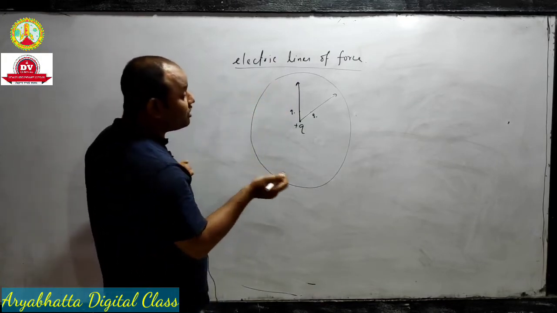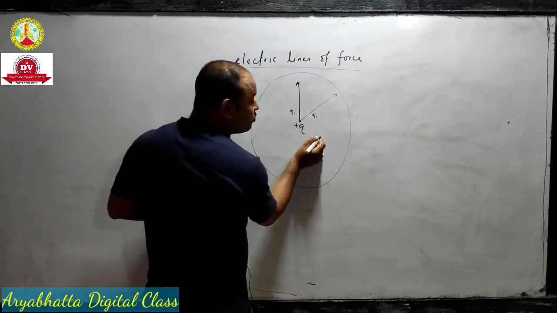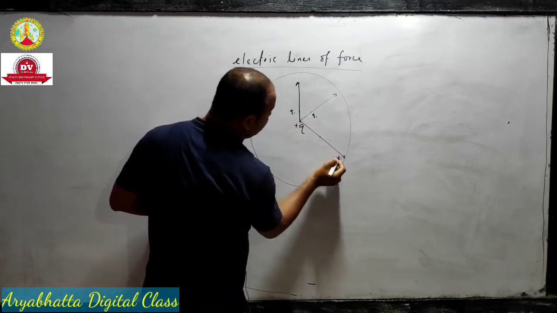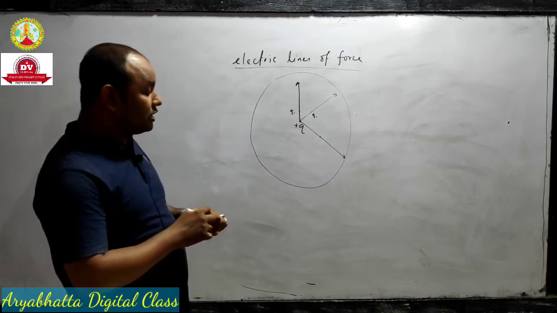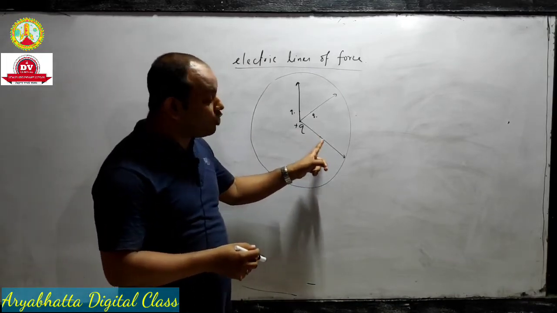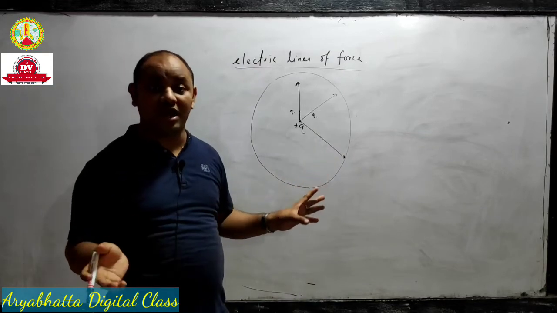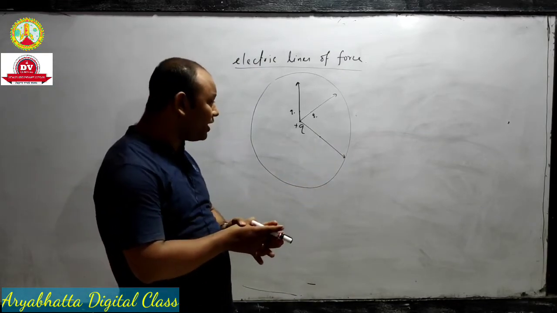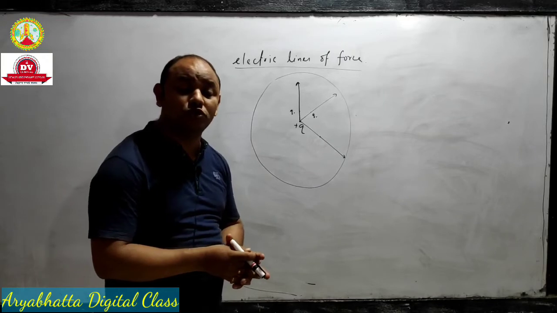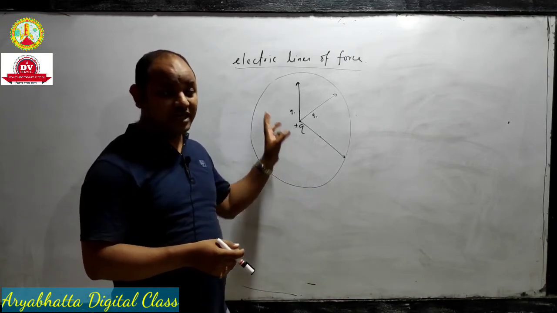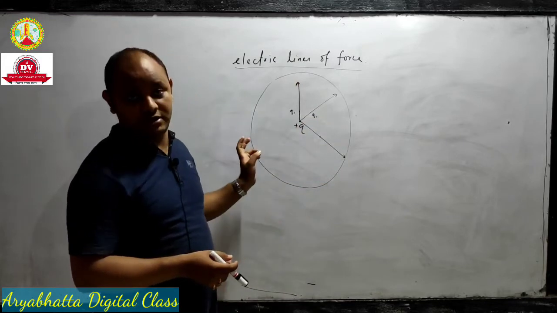If you consider the same test charge at another point, plus Q will repel it in this direction, so Q naught will follow this path, and this path is also an electric line of force. So electric lines of force means the path followed by a test charge inside an electric field.